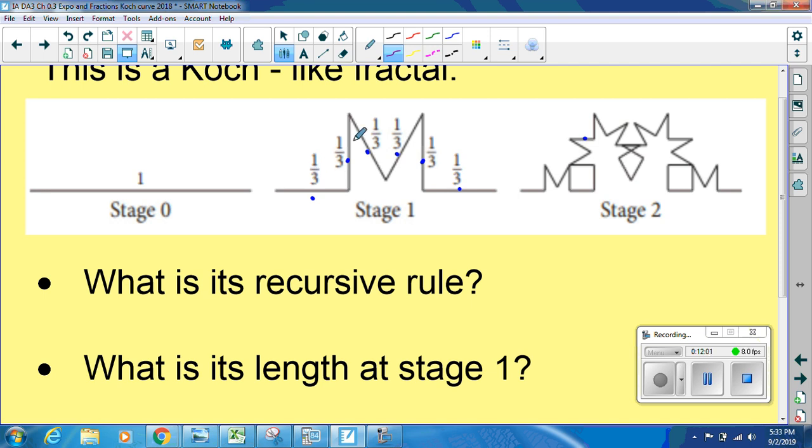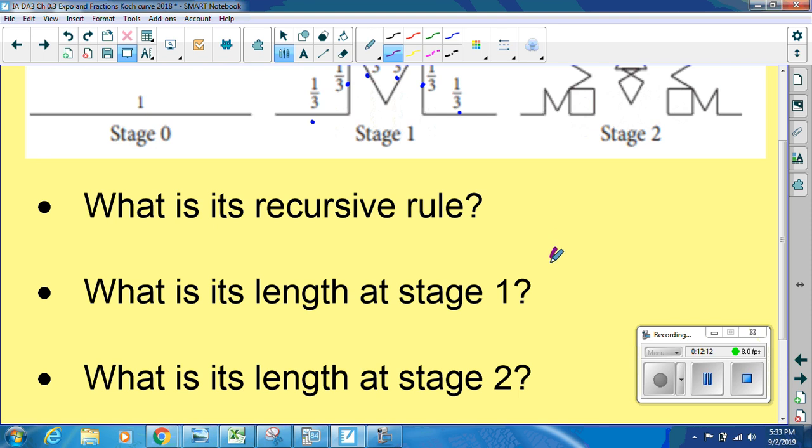Each of these is a third of that first stage, or stage 0. So I just count my thirds: 1/3, 2/3, 3/3, 4/3, 5/3, 6/3. Well, 6/3 is the same as, I simplify that, 2. My length now at stage 1 is 2.